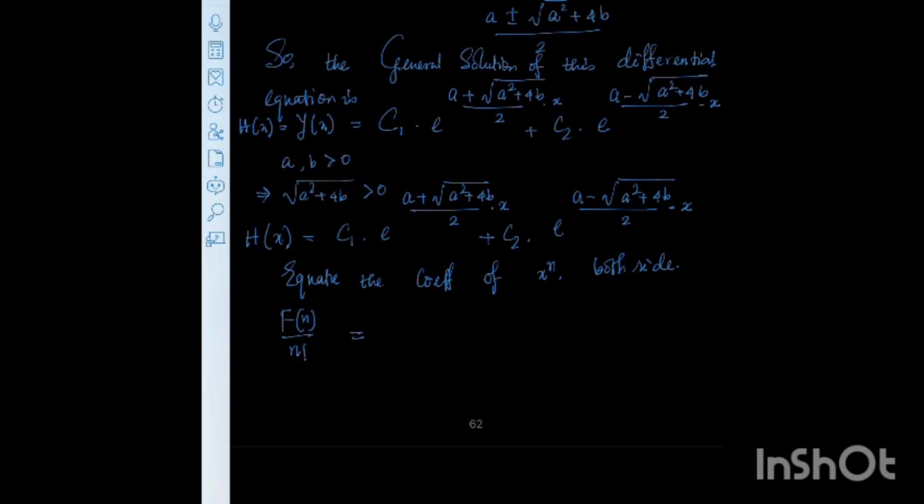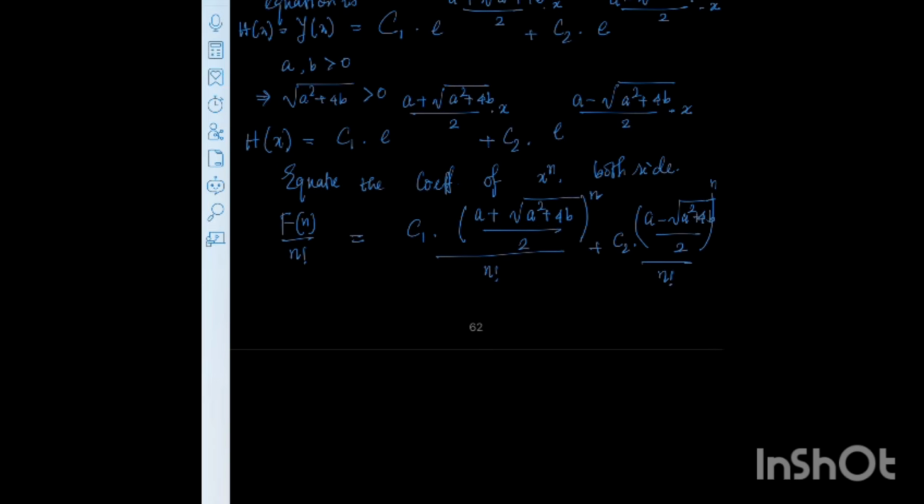So the coefficient of x to the power n on the left hand side is f(n) by n factorial, and on the right hand side it comes from the series expansion for e to the power x.